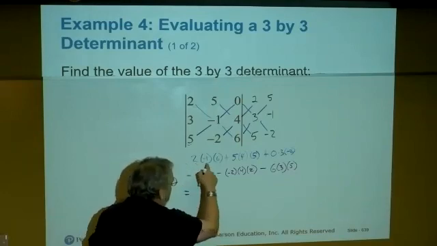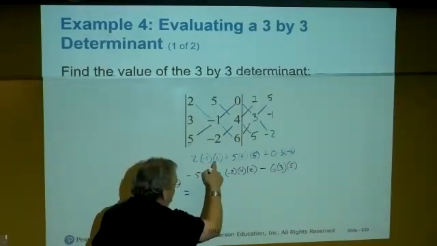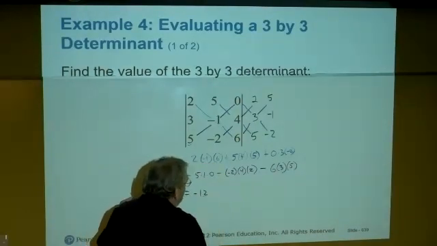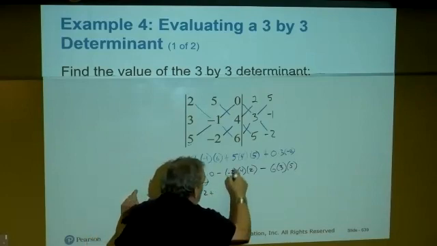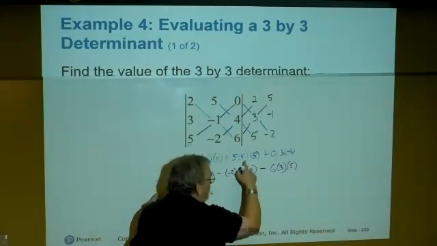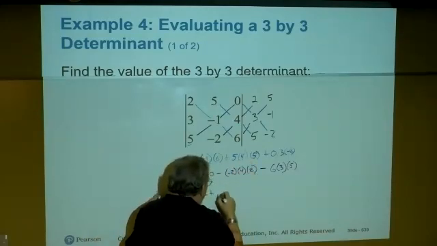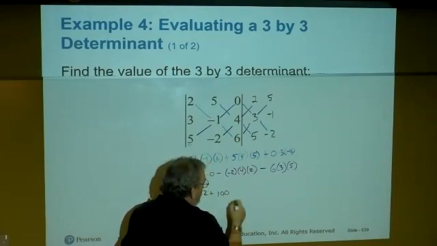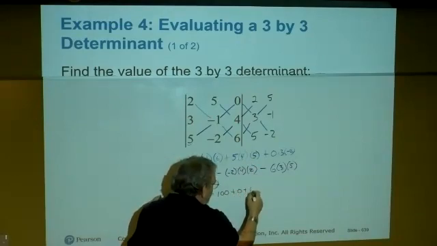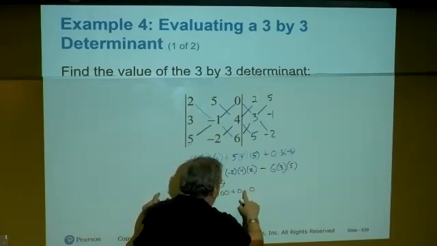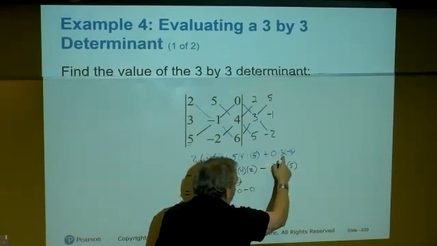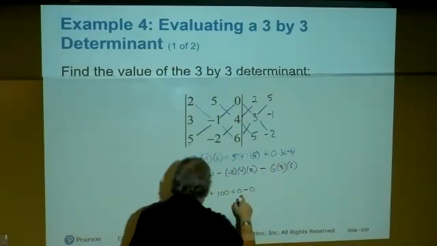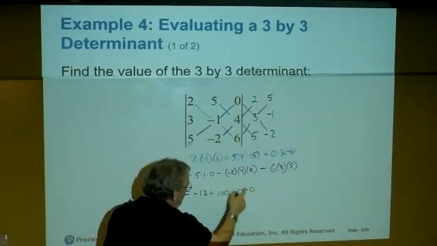So 2 times 1 times 2 times negative 1 times 6 is a negative 12. 5 times 4 times 5 is going to be a positive 100. The next one's a 0. The next one's a 0, right? That's supposed to be minus there, but it doesn't matter. 0 times 3 times negative 2 is 0, and 5 times 1 times 0 is 0.